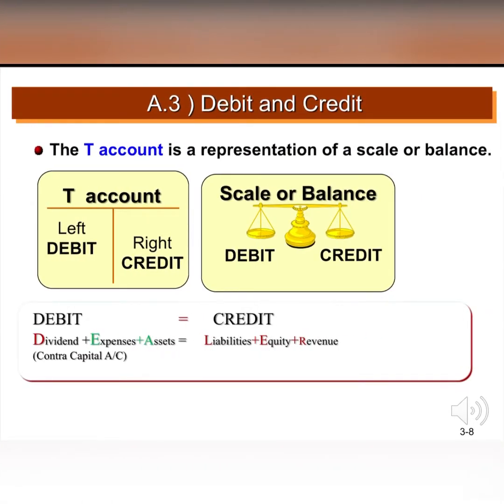As we know, debit must be equal to credit, just like the two sides of a coin. Here debit means DEA, credit means LER, that is, DEALER. In short form you can memorize it by saying DEALER. D means dividend, E expense, A assets, L liabilities, E equity, R revenue. Here the dividend is actually not a credit balance. You know why? Because it's a contra capital account.